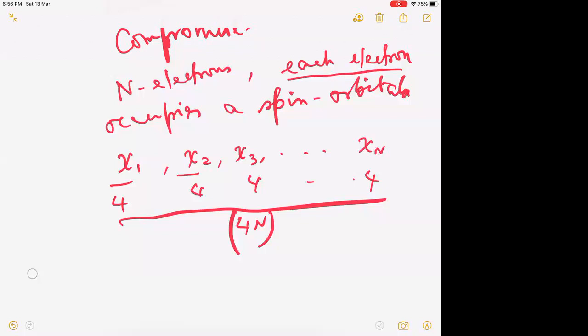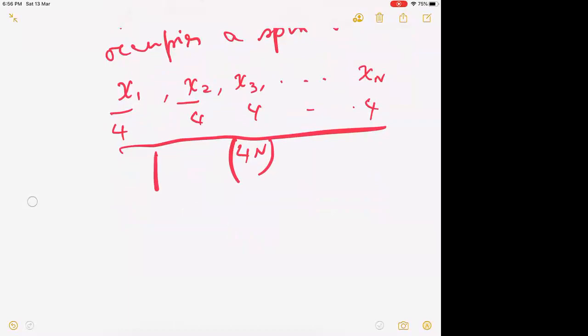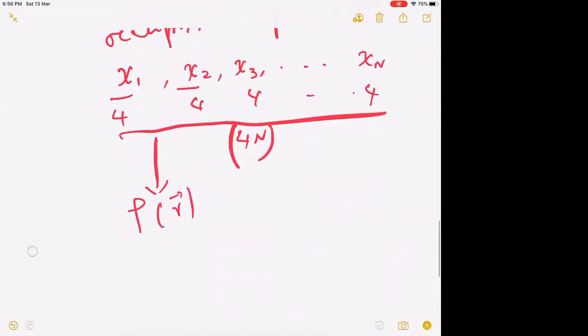Although the wave function does not come into the picture, as you will see, it is more in the mold of just the spin orbitals. What is important is the association of these spin orbitals with the density. That is a very important part.